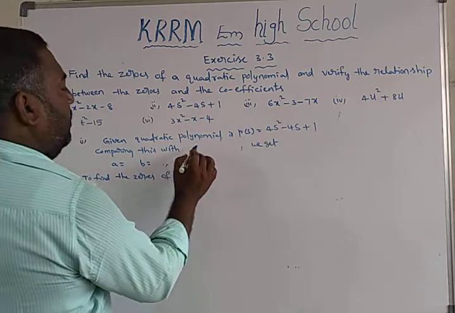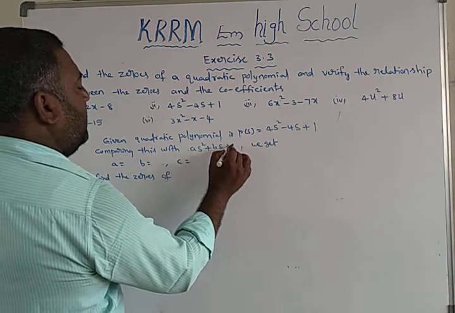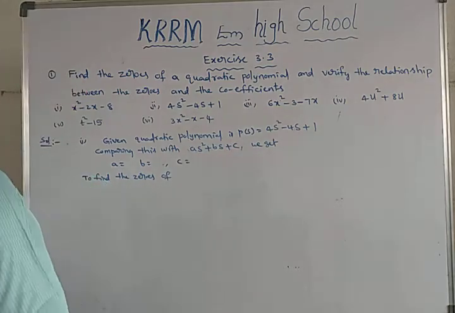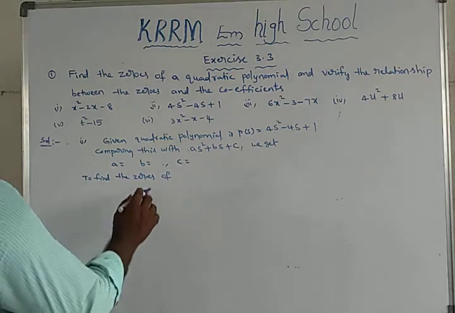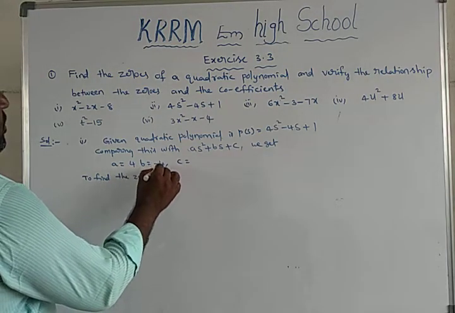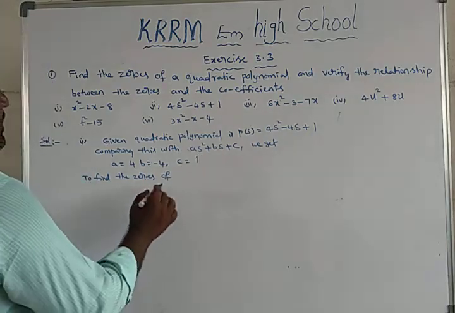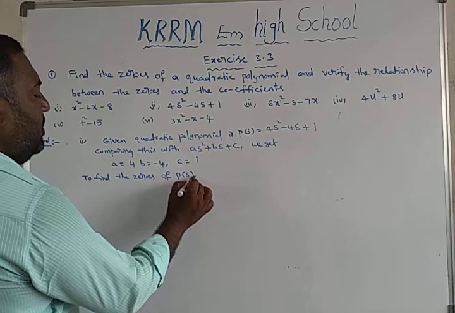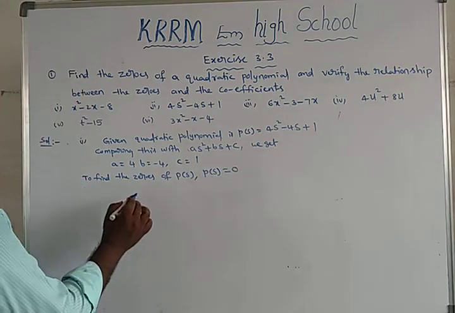Compare this with as square plus bs plus c. It is a quadratic polynomial in variable s. We get a value 4, b value minus 4, c value 1. To find the zeros of p of s, take p of s equal to 0.